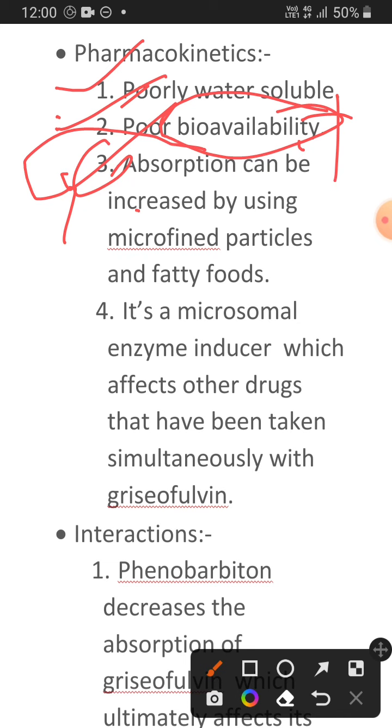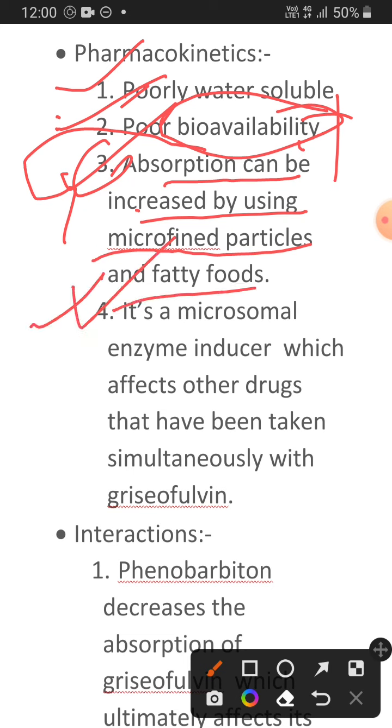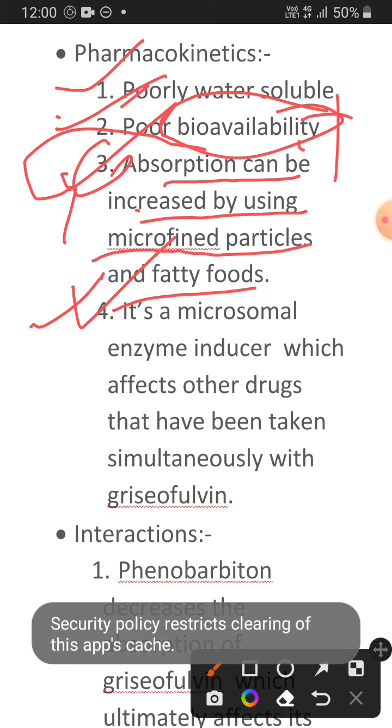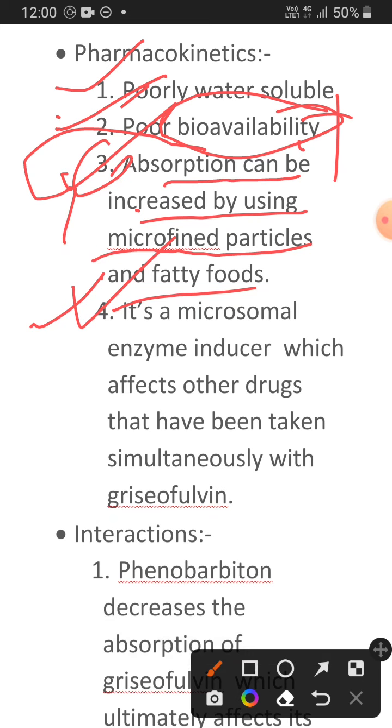We can increase the absorption by using microfine particles and fatty acid. And it is also a microsomal enzyme inducer, because it affects other drugs that have been taken simultaneously with Griseofulvin. That means we have to take Griseofulvin with necessary precaution. We need to know what kind of.